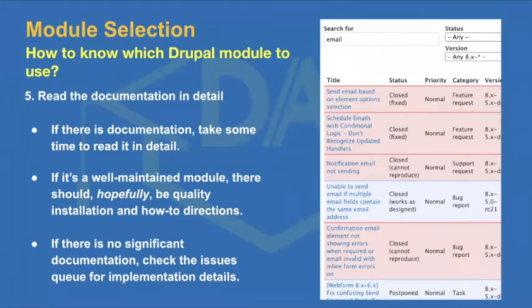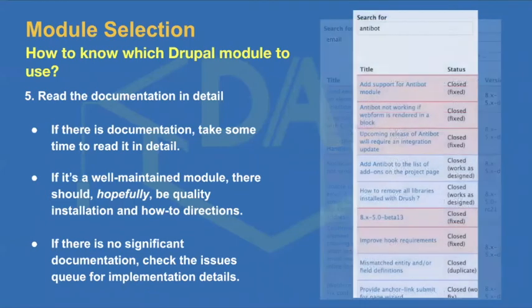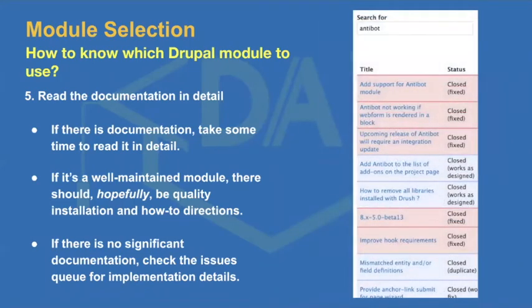In the issue queue, I'm going to type Antibot, and this is what comes up. All the responses and issues are going to help give me a really solid picture of how to achieve a solution, which I think is fantastic. So the issue queue is a kind of living and dynamic documentation in some ways.